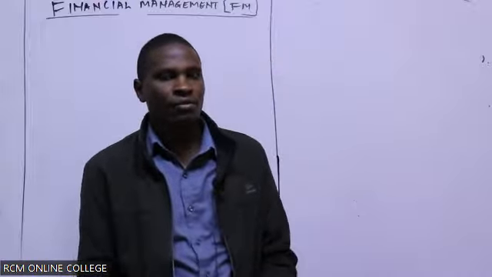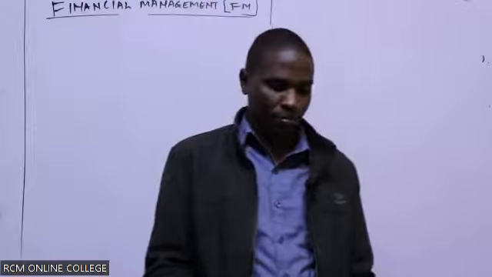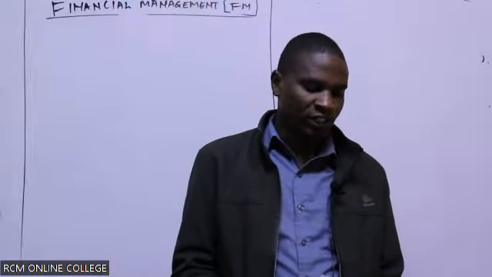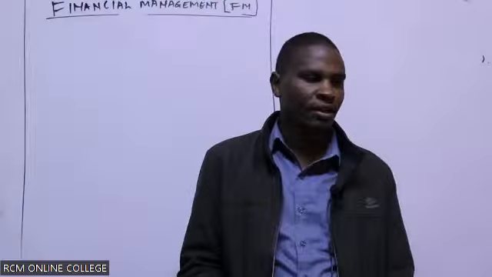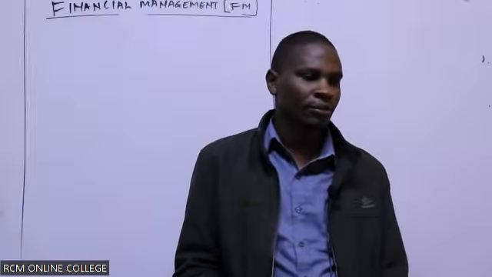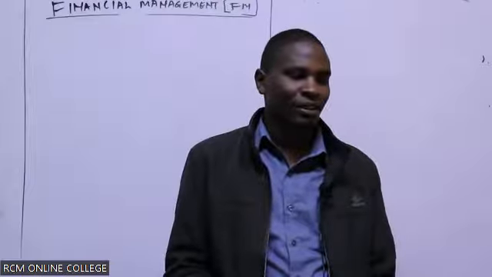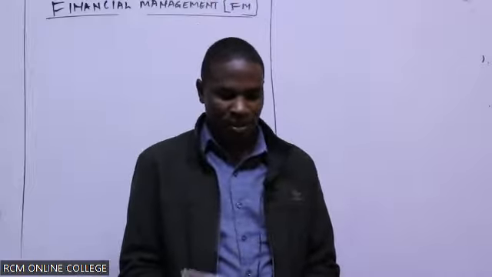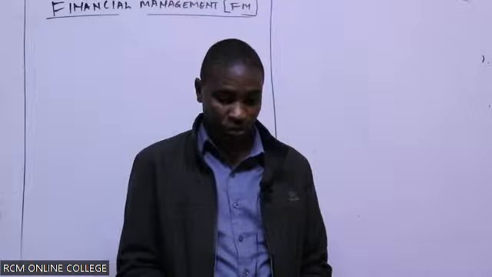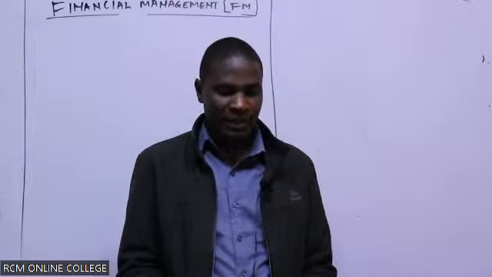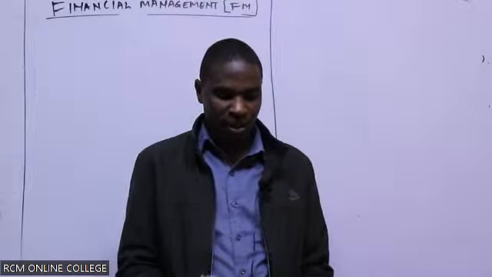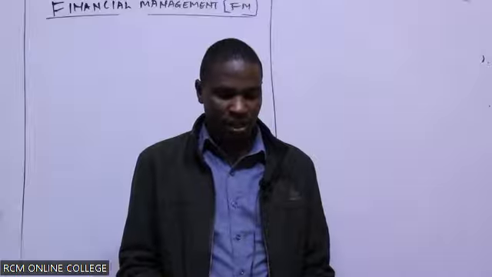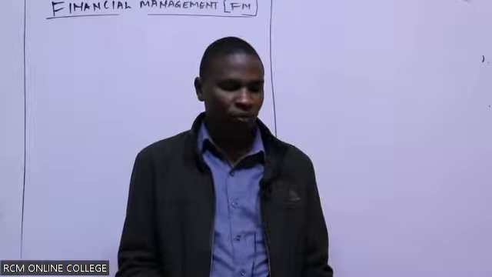How do we arrive at the break-even point? Break-even quantity of sales in units. And then the operating break-even quantity of sales in units also. Then the degree of operating leverage, degree of financial leverage, and the last one is the degree of total leverage.